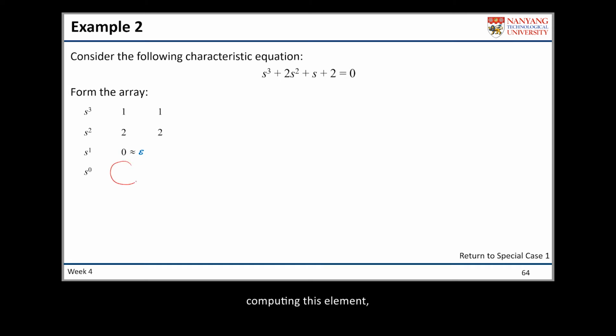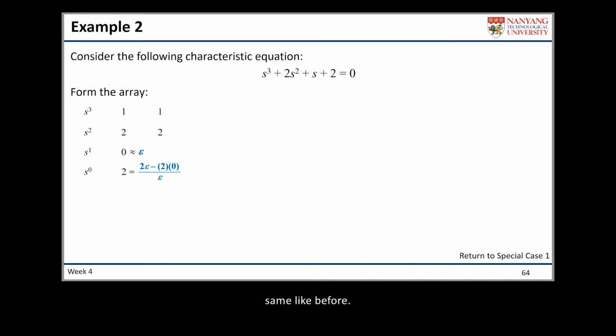For computing this element, you just consider this matrix, and the negative determinant of this matrix will be equal to 2 times epsilon minus 2 times 0, divided by the last element in the first column, which is epsilon. Since epsilon is a positive number, 2 times epsilon divided by epsilon will be equal to 2. Now you are ready to conclude the stability of the system.